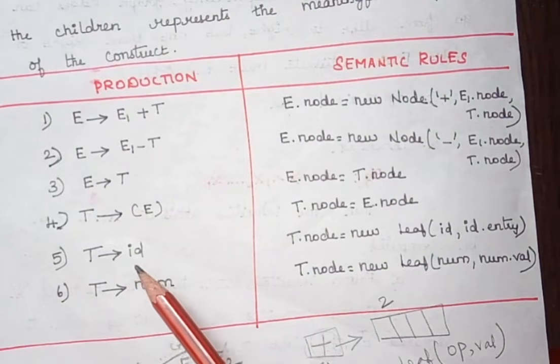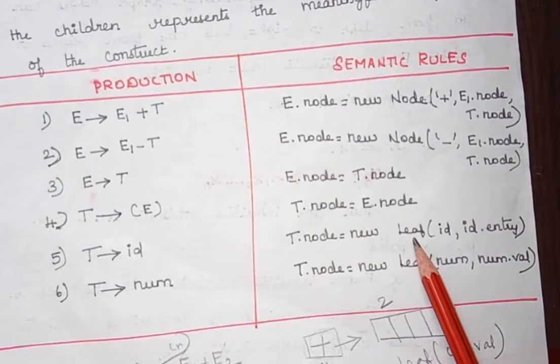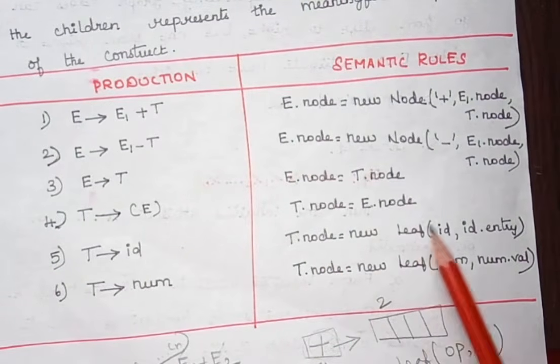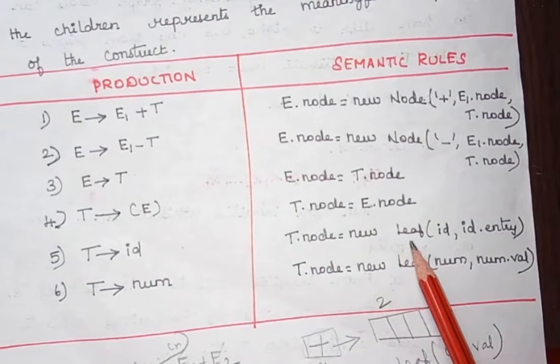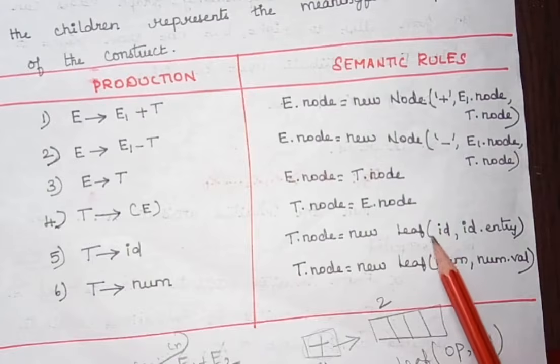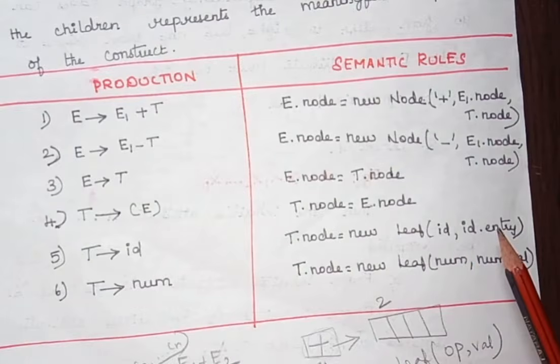So here we are going to use the constructor leaf to create a node which becomes the value of this T node. This leaf node contains the first one, the ID, that is the terminal symbol, and the second field contains the entry for that ID.